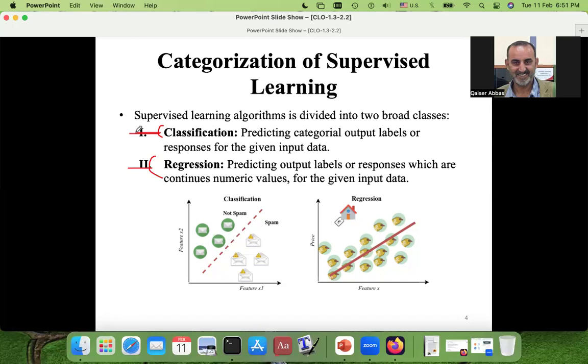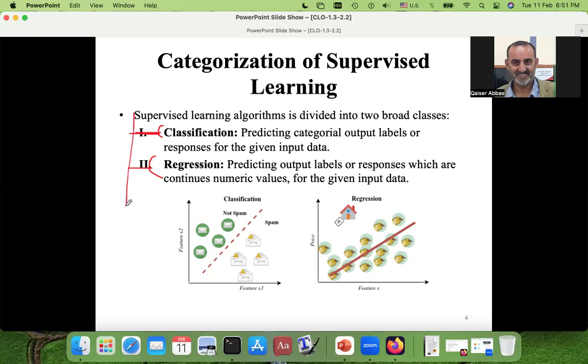Similarly, the second algorithm, neural network, you can use for classification, but you can also use it for regression. In other words, I can use the neural network for supervised learning and also for unsupervised learning. Anyhow, we will first go with classification and then move on to regression.